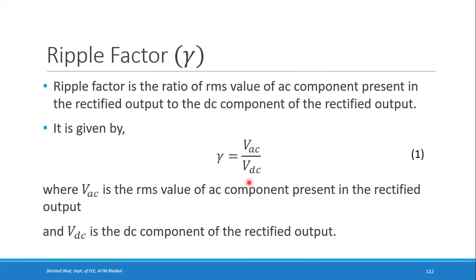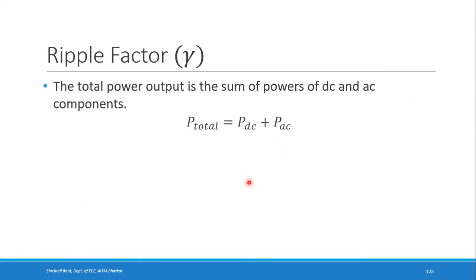To get this, we have to start from the power equation. Since the output voltage contains both AC as well as DC components, the total power can be treated as the sum of both AC and DC powers.